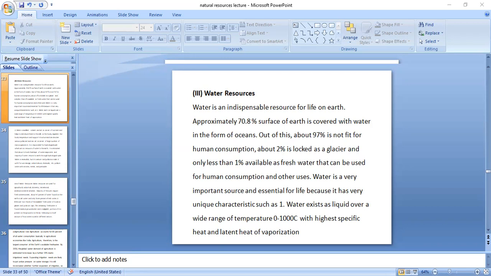So, if that area has good agricultural land, then there should be a regular supply of water available for irrigation purposes.